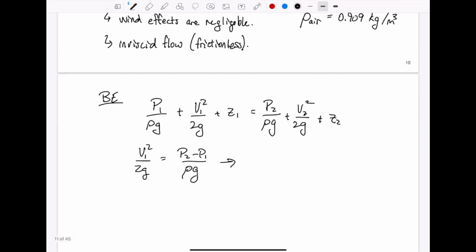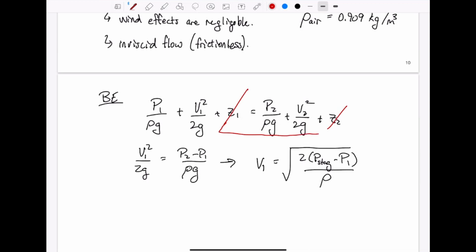And just like before, we'd end up with the equation V1 is equal to the square root of 2 times the stagnation pressure minus P1, over rho. And that is because these two terms cancel, and our velocity at point 2 is 0. And so all we're left with is these 3 terms.